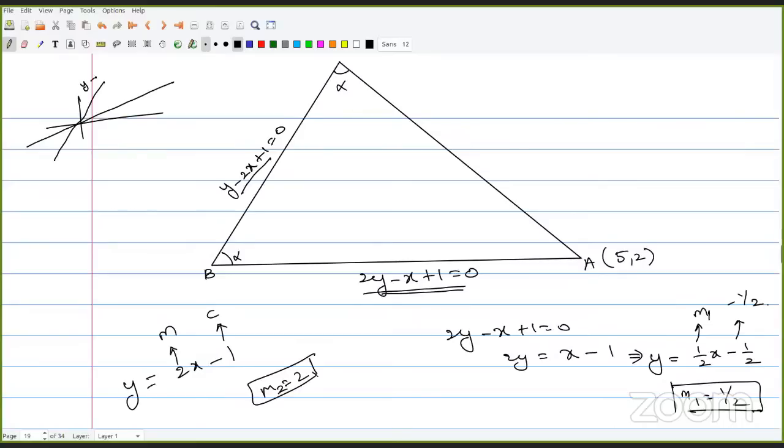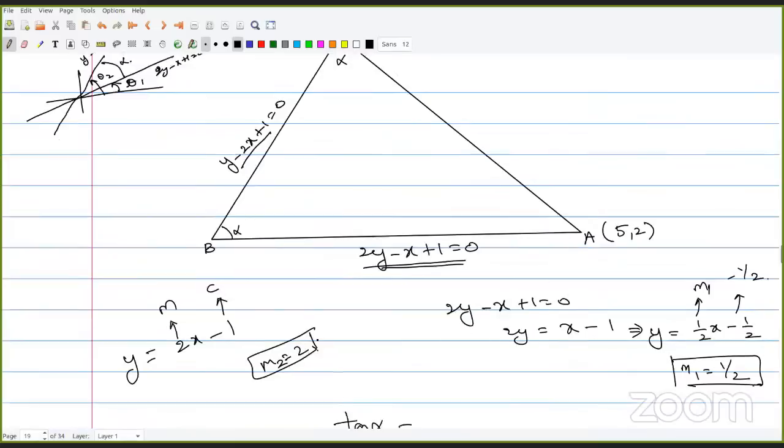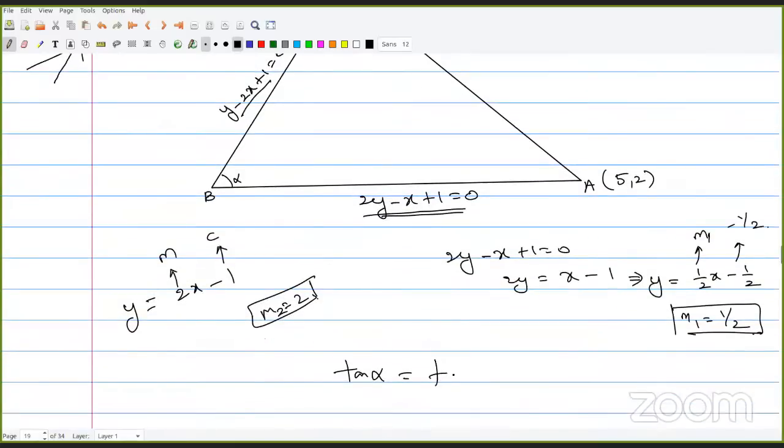So this line is y minus 2x plus 1 is equal to 0. This line is 2y minus x plus 1 is equal to 0. So this is theta 1, this is theta 2, this is alpha we have. So tan alpha is nothing but tan of theta 2 minus theta 1.